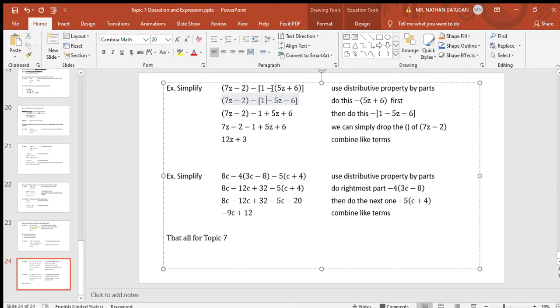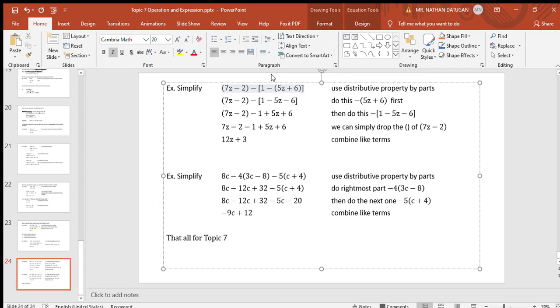Remember, when we have a minus in front of a parentheses, we treat it as if there's a negative 1 there. So what happens if we have a negative 1 in front of the parentheses? Oh, the sign flips. Yes.